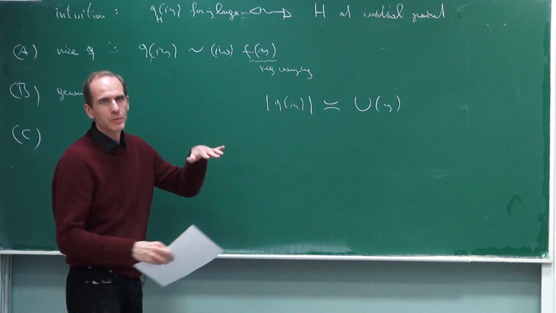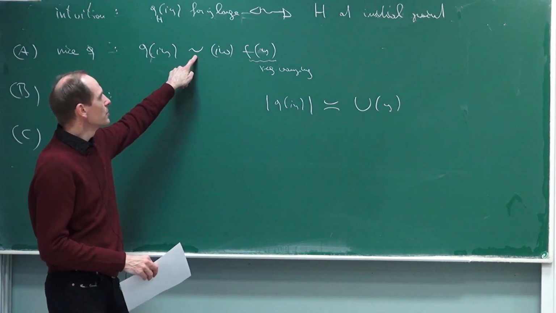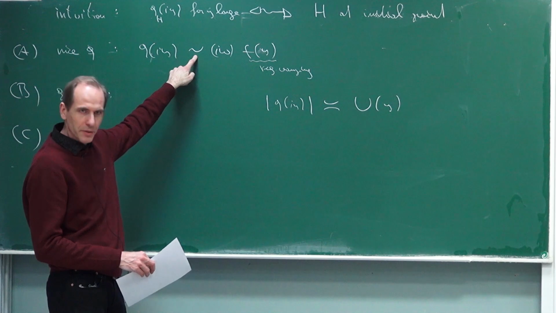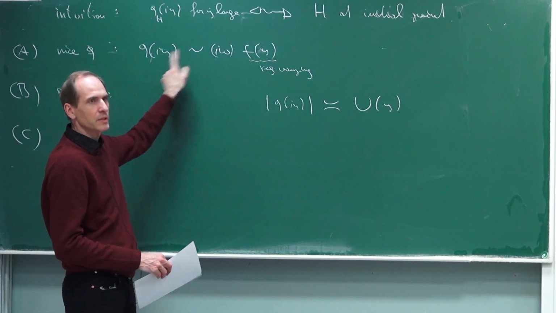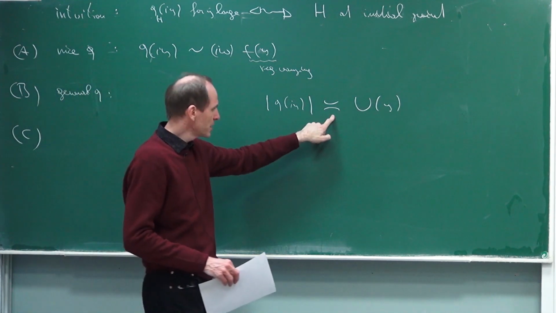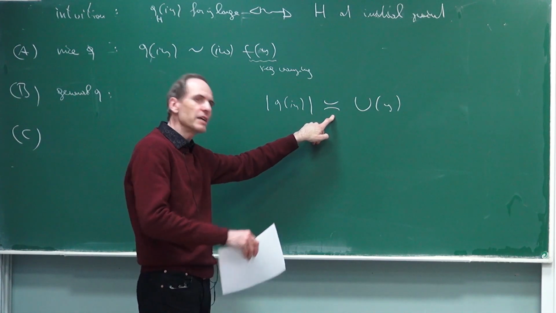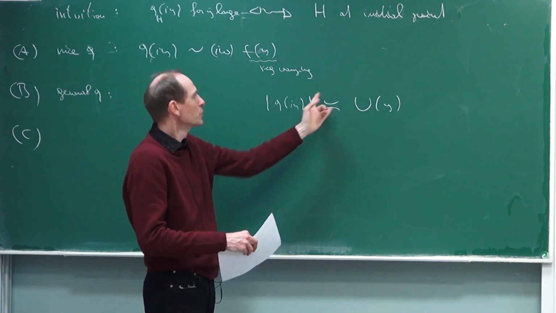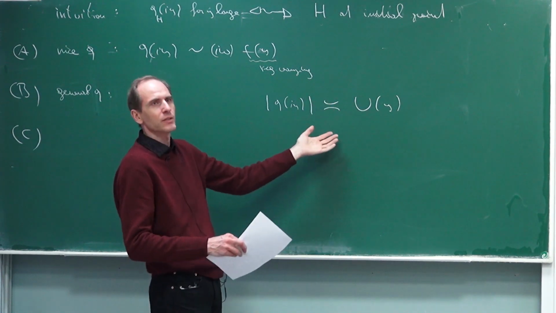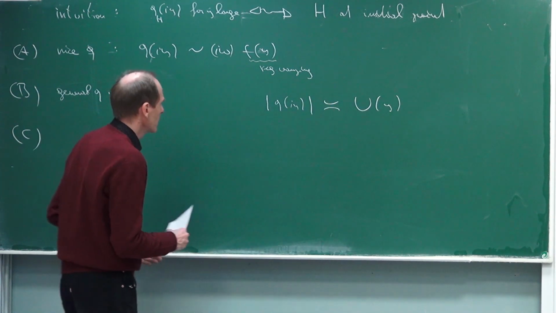What do I mean with the symbols? This symbol means that the quotient tends to 1, so that's really exactly like that. This symbol means that the quotient is bounded above and bounded away from 0, so you have mutual inequalities with some constants that you don't know.